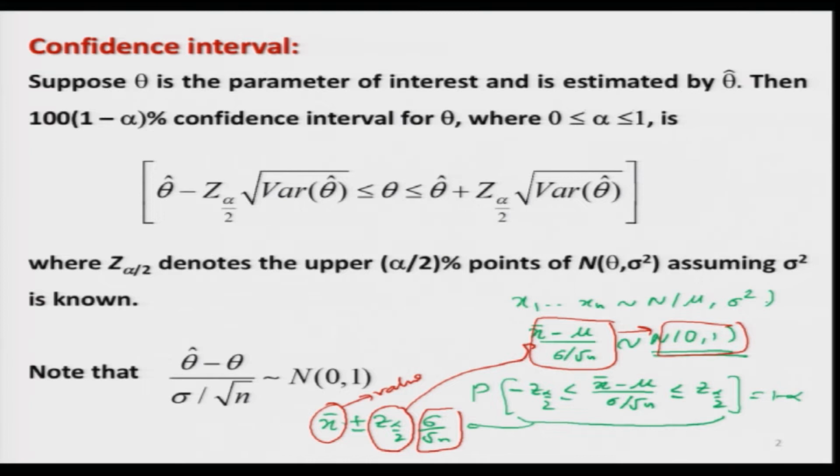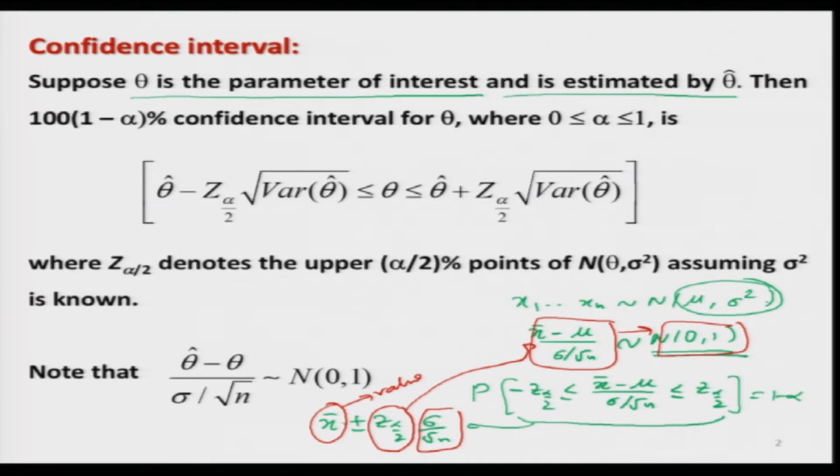So, suppose I say that theta is the parameter of interest, and this theta is being estimated by theta hat. For example, in the normal mu sigma square, I have estimated mu by x bar, the sample mean.